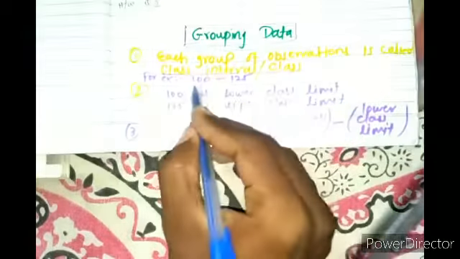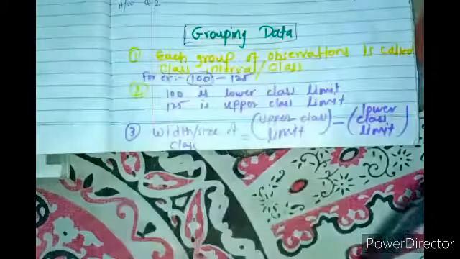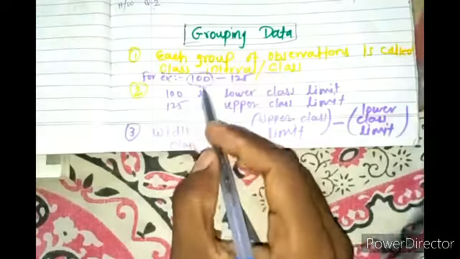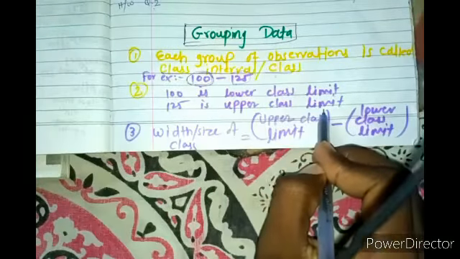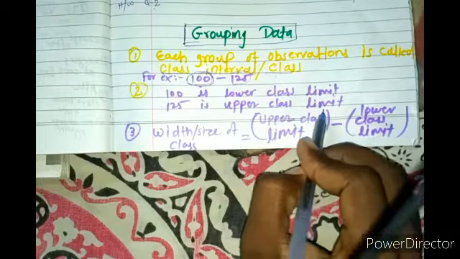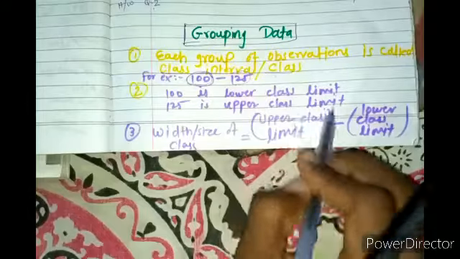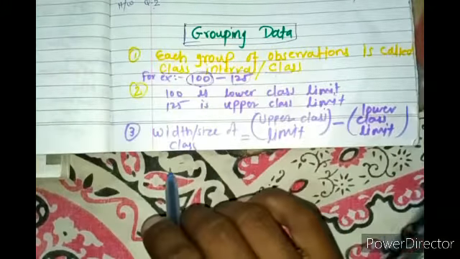In that, the small number, 100, is the lower class limit and the highest number is the upper class limit, right? That is clear. In the previous class also you have understood this.